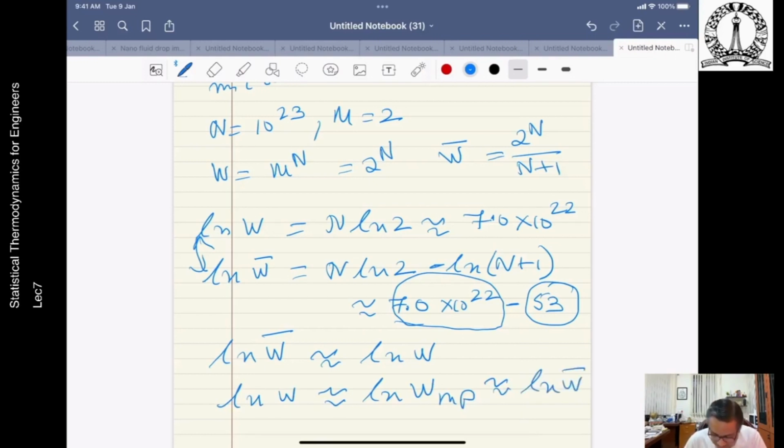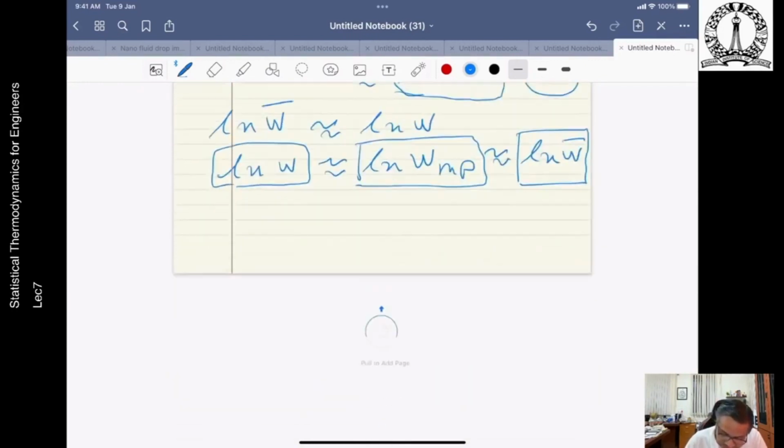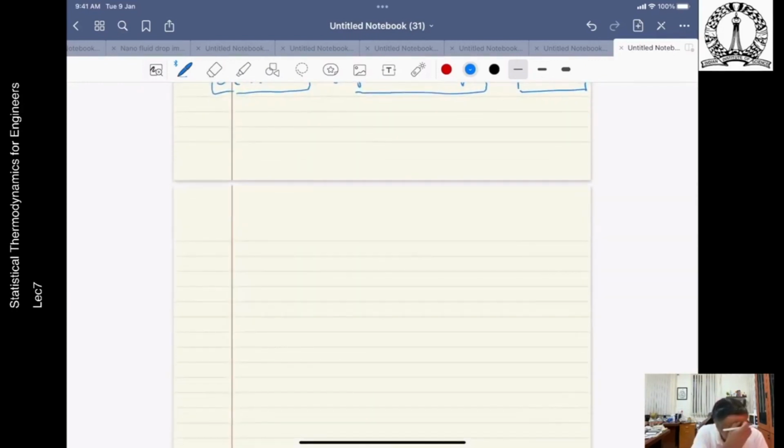So the logarithm of the total number of microstates is almost the same as the number of microstates associated with the most probable macrostate, and that is almost equal to the mean number of microstates. So that is illuminating.